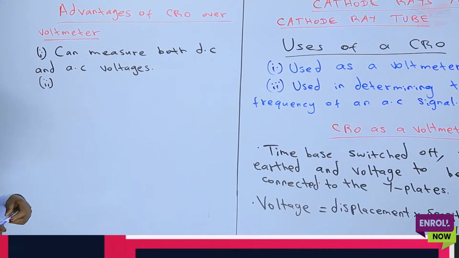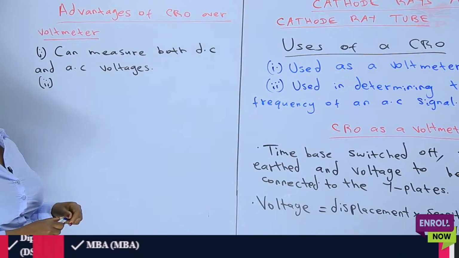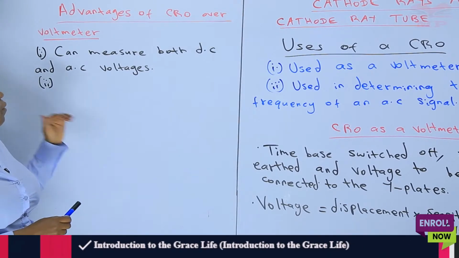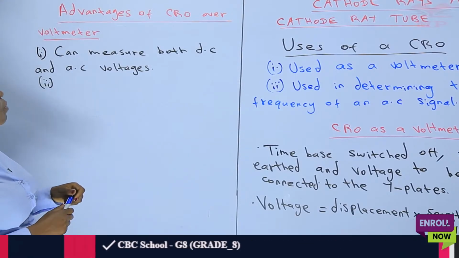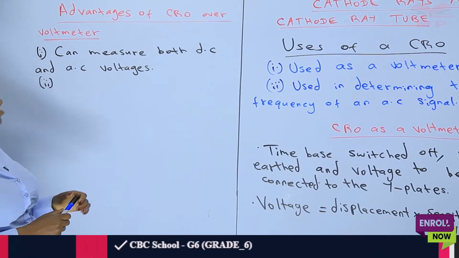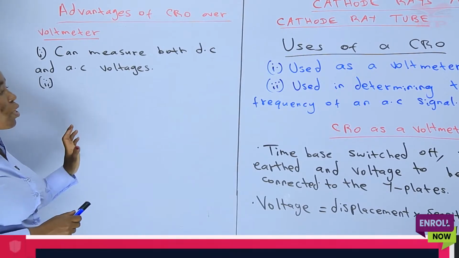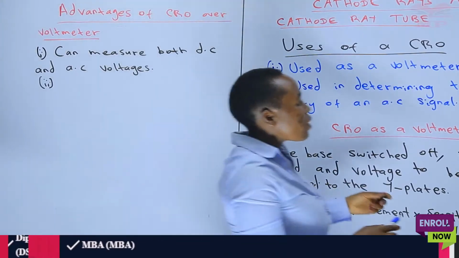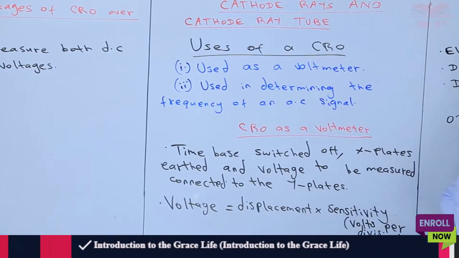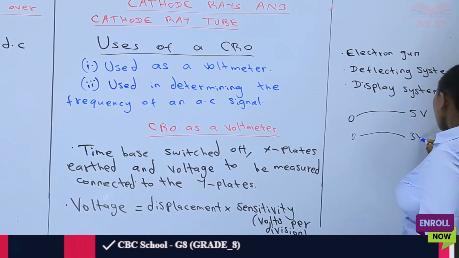Then we can also say that it can be used to measure large voltages, because it's used as a voltmeter. It can be used to measure large voltages without being destroyed. We know the voltmeters that we use in the laboratory mostly range from 0 to 5 volts, others from 0 to 3 volts.